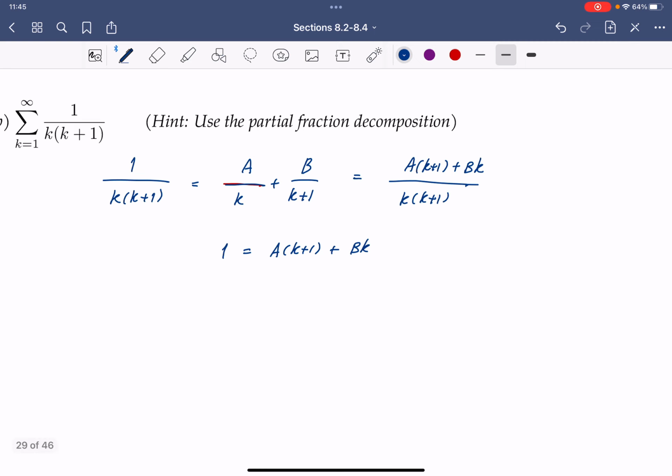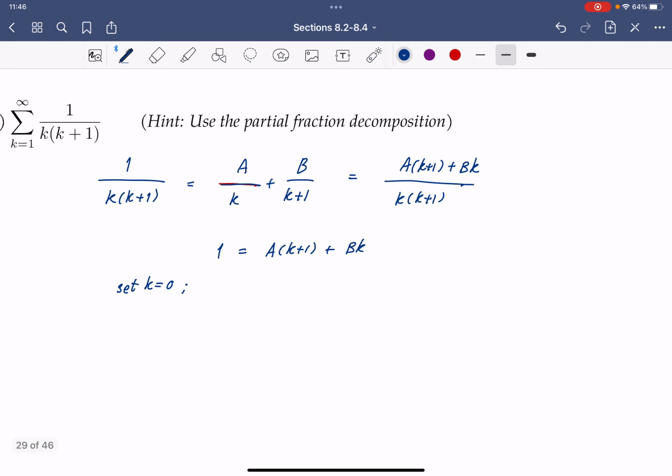So now you set k equal to 0. Remember last time when we learned the partial fraction, we said x can be anything. So we just let x equal to 0, let x equal to 1. x can be any number you want. So this time you can let k be any number you want. If you let k equal to 0, it's going to be 1 equal to a times 0 plus 1 and then plus b times 0.